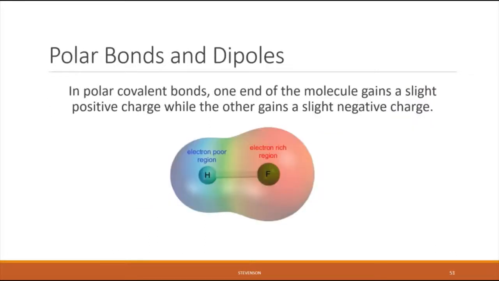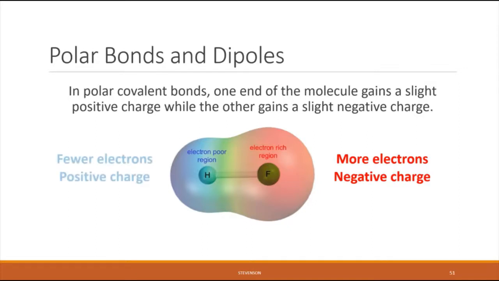Now let's take a look back at those polar bonds again. We saw that in the polar covalent bonds, there was an unequal distribution of electrons so that one end had a larger quantity of electrons and the other had a lower quantity of electrons. This means that the end of the molecule that has more electrons gathers an overall negative charge, because as you remember, electrons have a negative electrical charge.